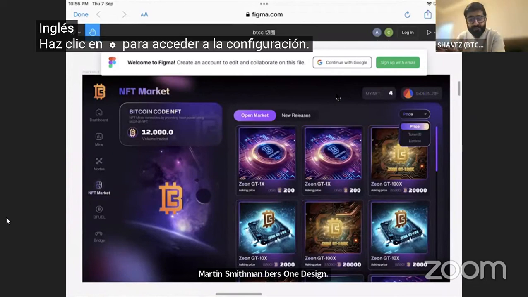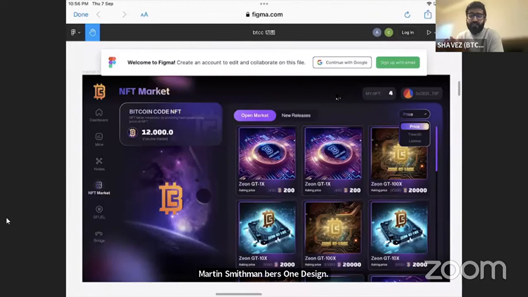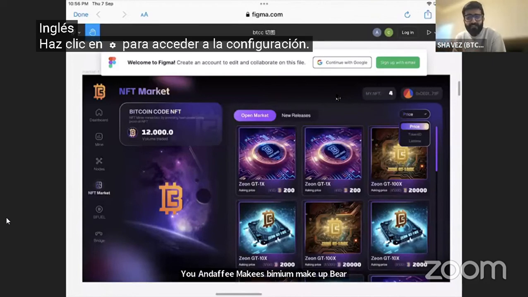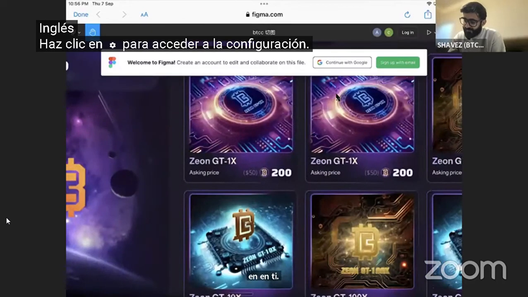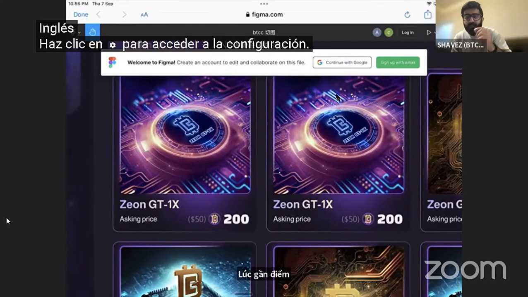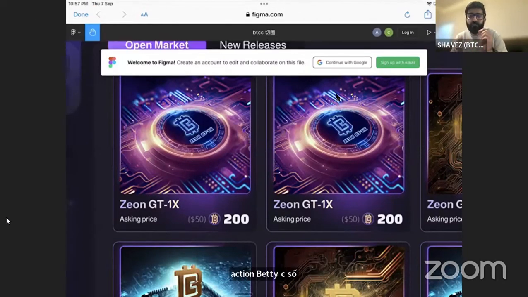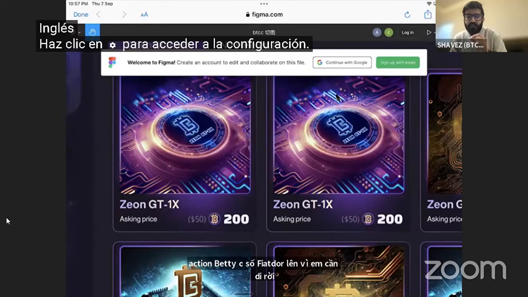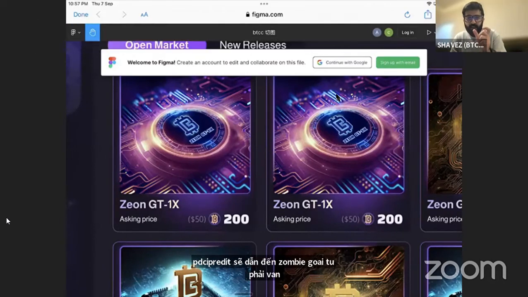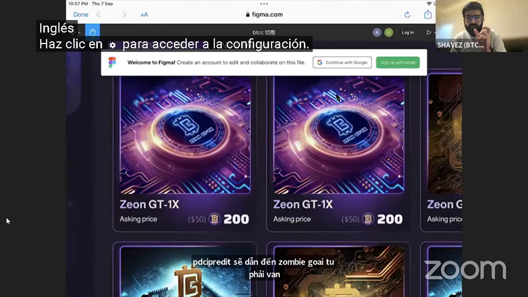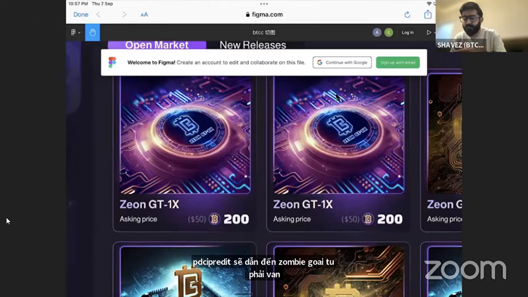Okay. This is your NFT market, premium market, where you can sell your NFTs. Look at these. You will be able to put a price in BTCC. So $50, we have considered the BTCC price as an example, 0.25. Then 200 is the number of BTCC that 1x is sold for.